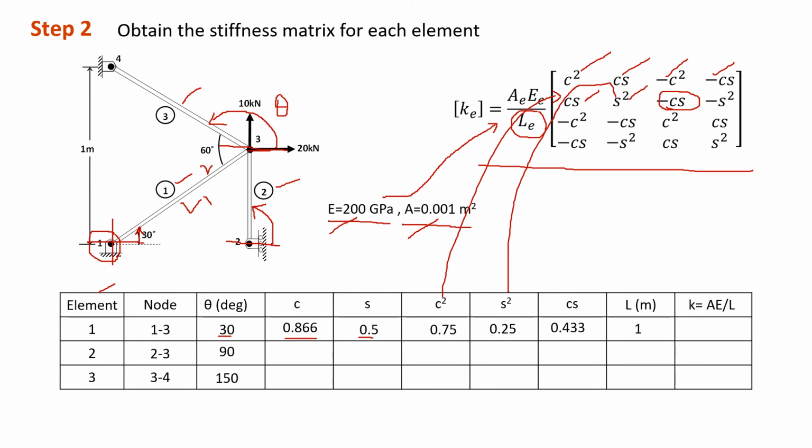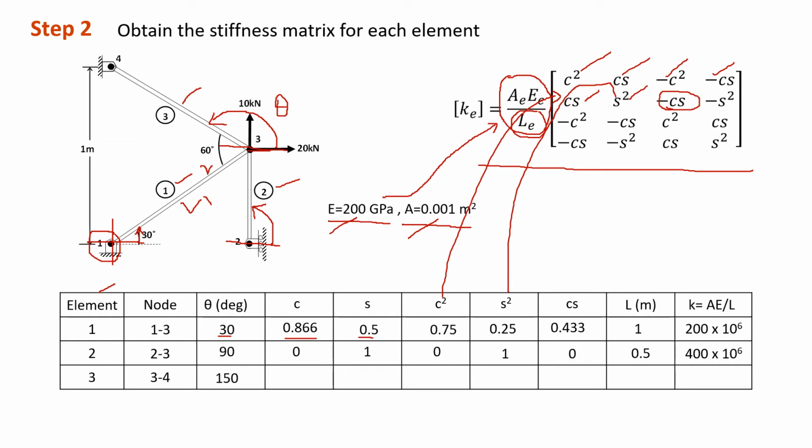So once we have all these parameters A, E and L, then we can calculate K. I call this term here K. We can determine this value once we have all these values. So K for element 1 is equal to 200 times 10 power of 6. Then we have to do the same thing for element 2 and element 3.